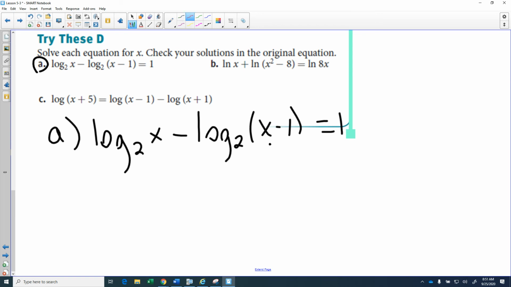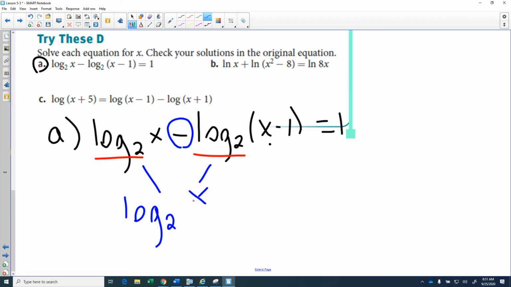Okay, I can't have 2 separate logs. I need to have a single one. So what I can do to start with is take our idea that subtraction, anytime I have subtraction between logs, I can combine them together using division. So this is going to be log base 2 of x divided by x minus 1. Notice how by using our properties, now I've given myself an opportunity to actually simplify this.